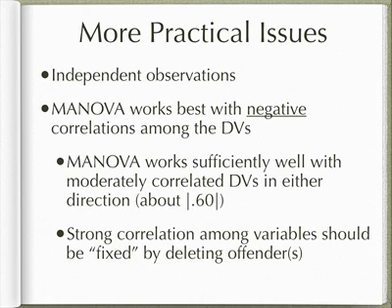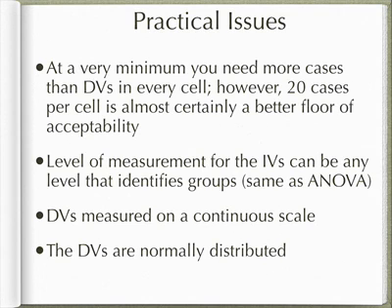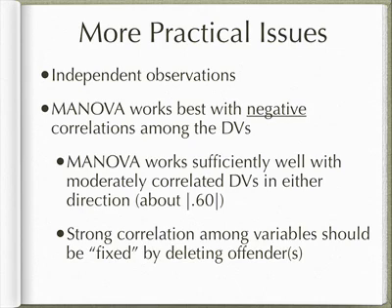So repeated measures analysis would be a unique form where the observations are definitely dependent. And so in that case, if we're doing repeated measures MANOVA, this assumption is going to be violated. And that's perfectly fine because we're doing it in the framework of repeated measures.